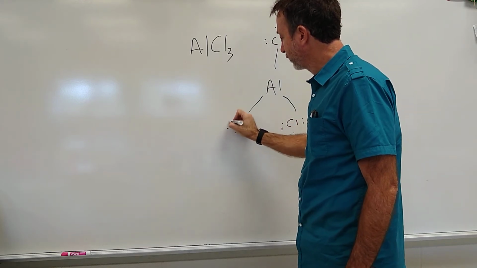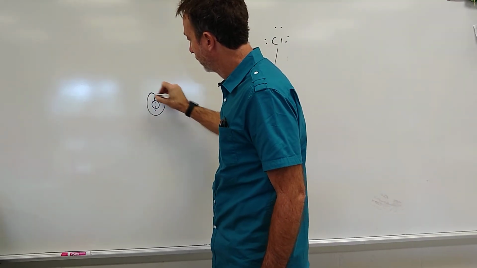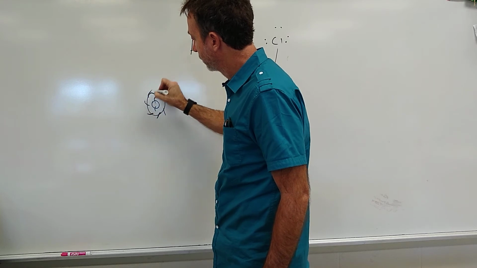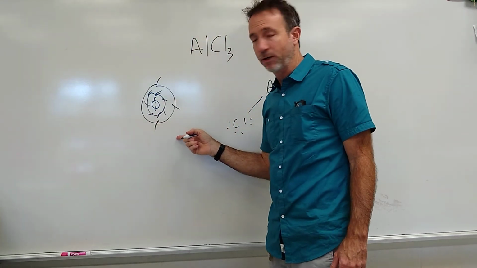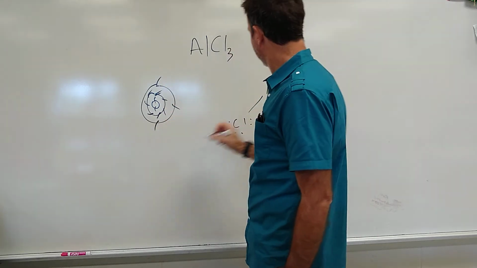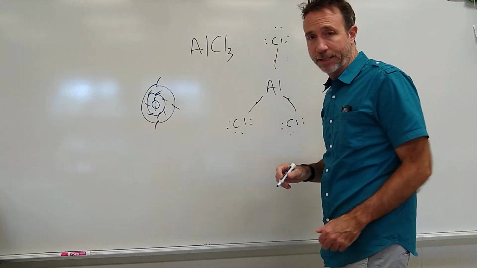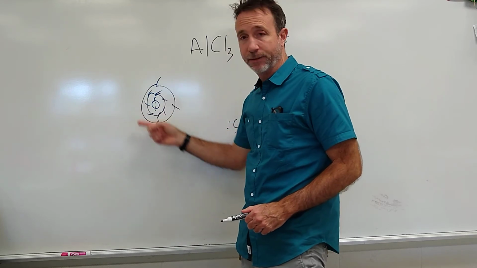And if you don't know why it's trigonal planar, let's take a look at the aluminum Bohr model. See, aluminum only started out with 1, 2, 3 valence electrons. So those three, boom, boom, boom, are already accounted for, and there's no extra unbound pairs of electrons here.